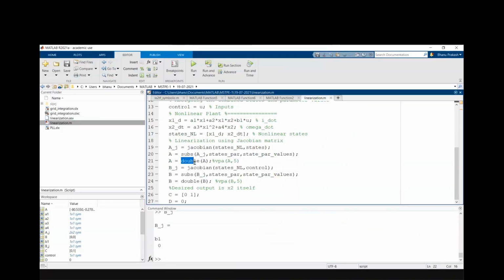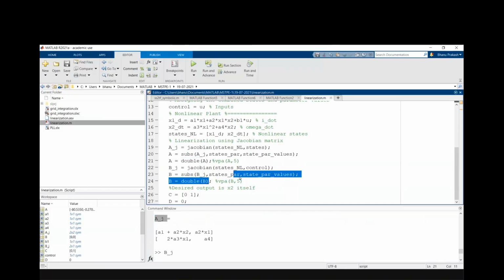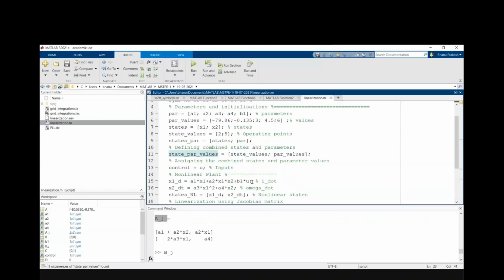I'll use double because actually I have substituted these values. Now see here, AJ matrix, these are my values. These are in symbolic form, and all these are symbolic variables. Now whatever the values that I have, it is going to replace them. State parameter values are some constants.